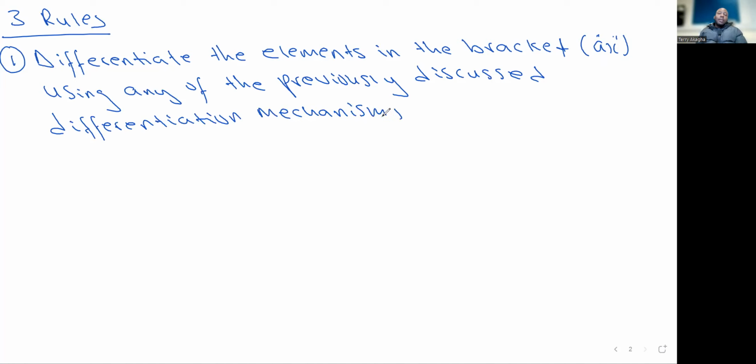We talked about several mechanisms in the previous video. So based on what is in the bracket, you just apply the relevant mechanism to differentiate it.